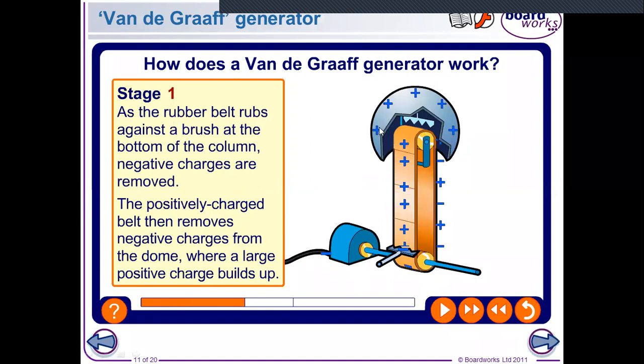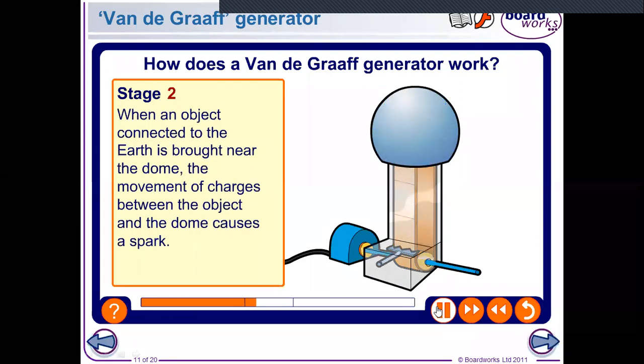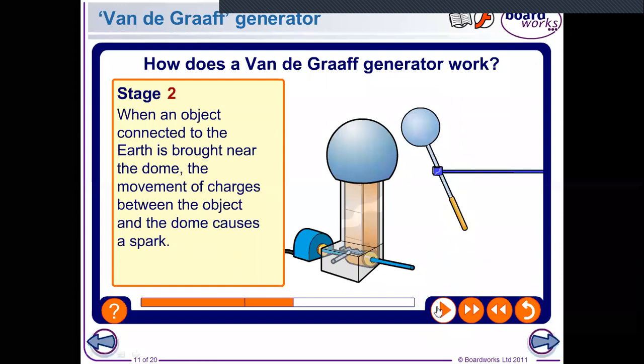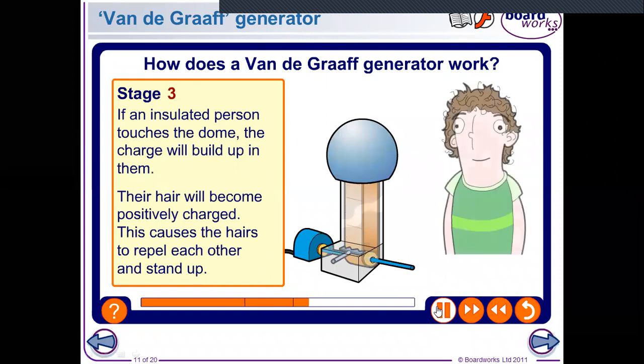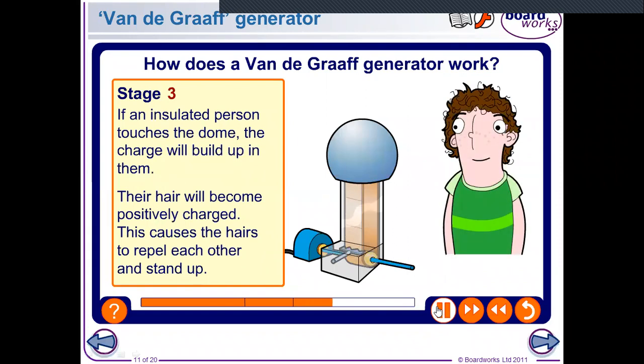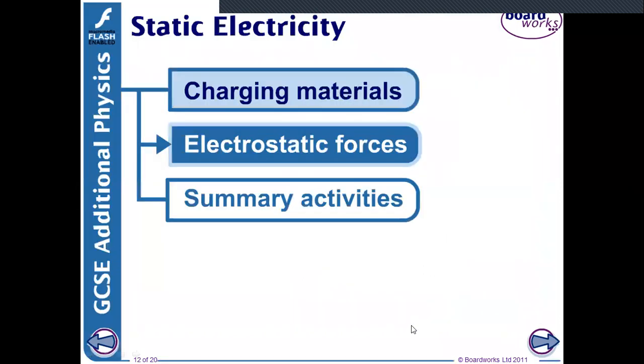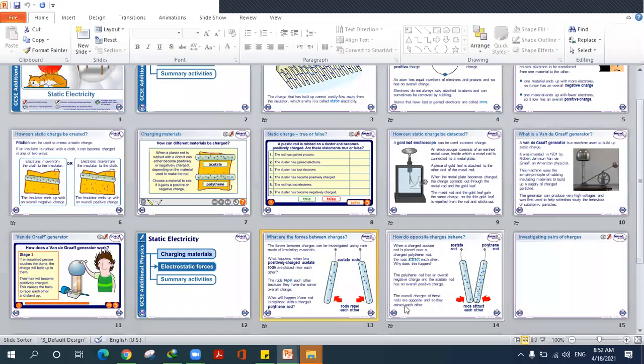Can you see the positive charges over its surface? Once you touch it, or you bring something else with a different charge, you can see some light going on. Or if you touch it with your hands, your hair will actually stand up. You have a picture in your textbook with a girl with her hair sticking up because she's also touching this device. Okay. So that was what we talked about as static electricity.